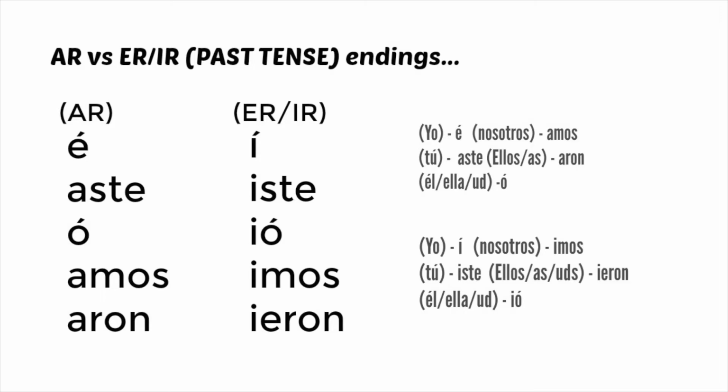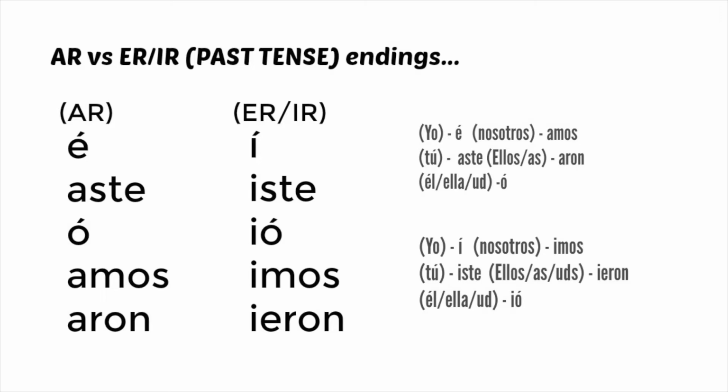So this is the past tense chart. We have the AR, just like you see on the left hand side. You have the yo, and then you have tú, aste, nosotros, amos, ellos or ellas aron, él, ella or usted ó. So back to the left side, you see aste, ó, amos, aron.